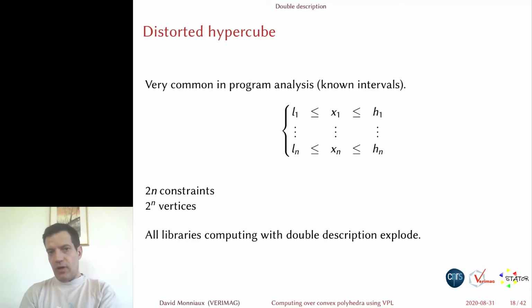That is, you have one interval per variable in the program. It's very common. And such a polyhedron has 2n constraints, where n is the number of variables, but 2 to the power of n vertices. Which means that all these libraries, when they compute the generator description, explode combinatorially. And this is completely unavoidable, because that's not a question of the algorithm, that's a choice of the description.